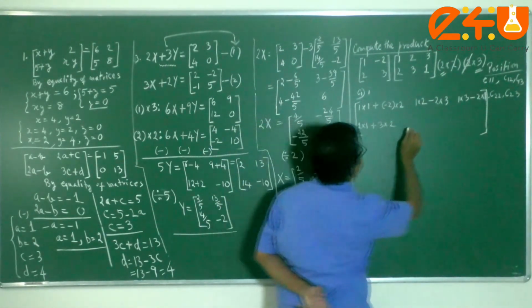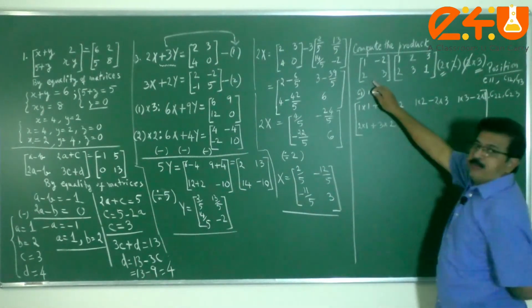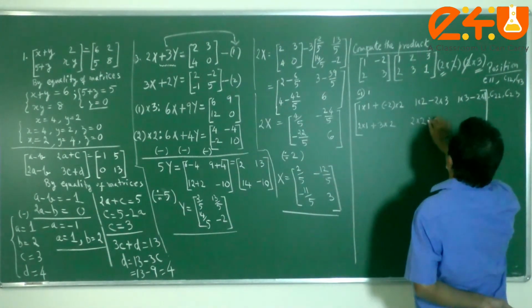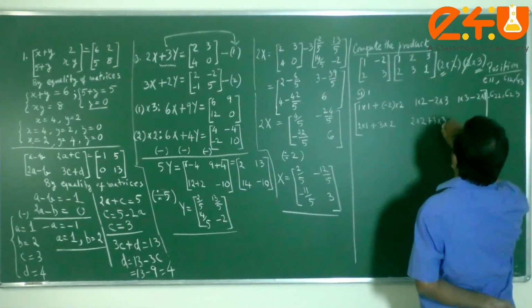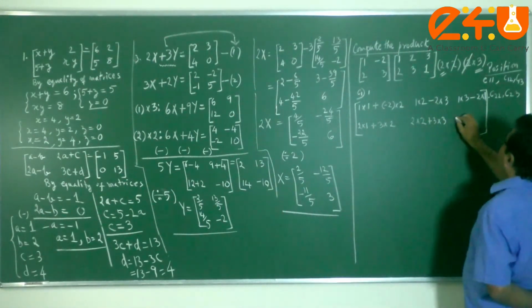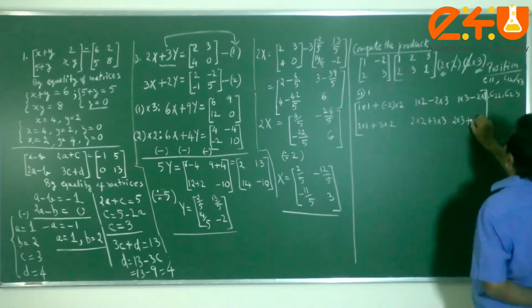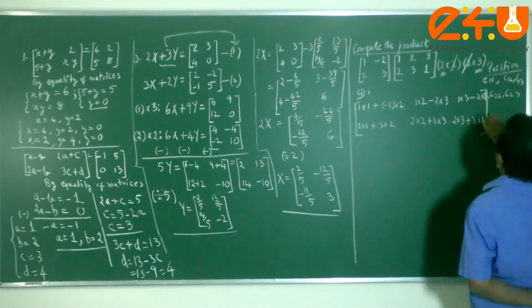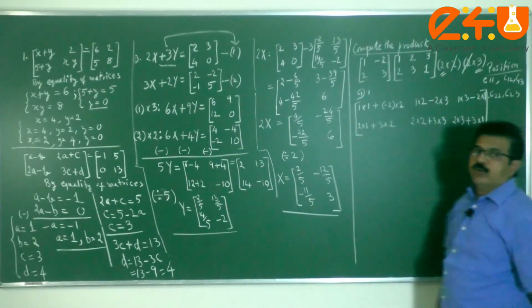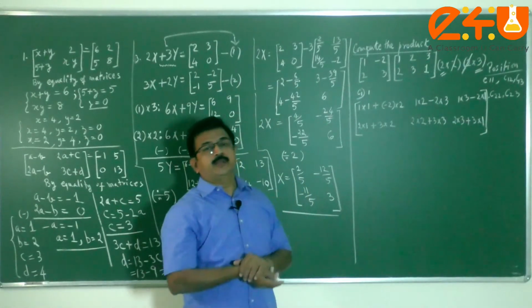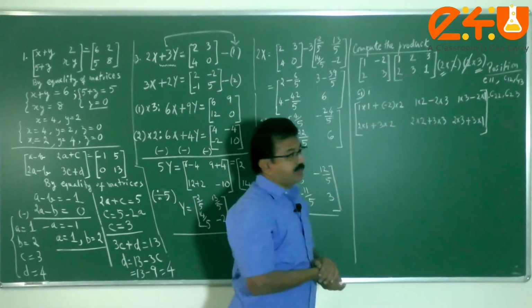When you move to column 2, the elements to be paired are 2 times 2 and 3 times 3. When you move on to column 3, it is 2 and 3 to be paired, so you get 2 into 3 plus 3 into 1. That way you have completed all the 6 elements beginning from C11 to C23.